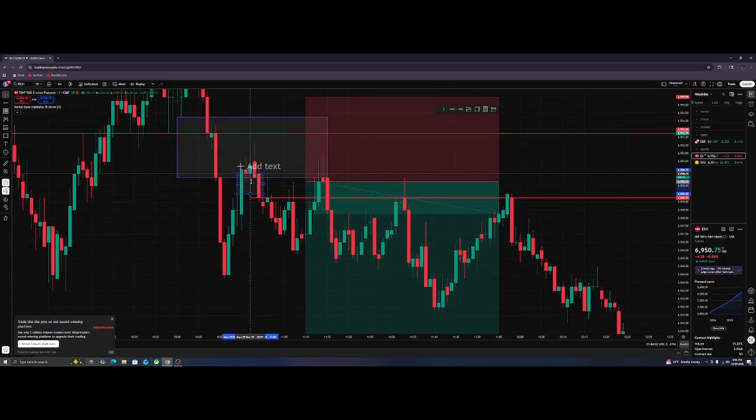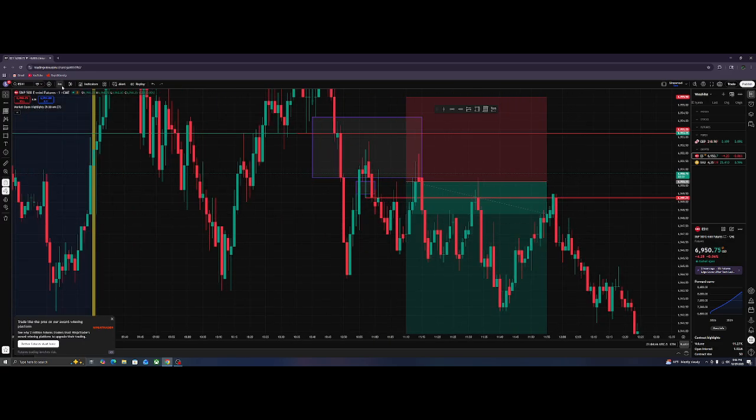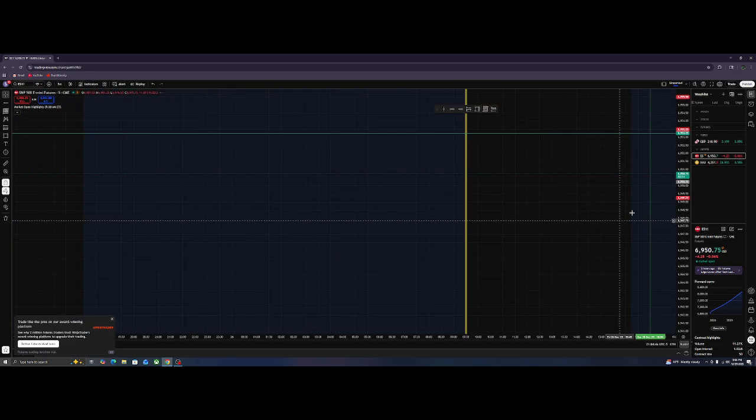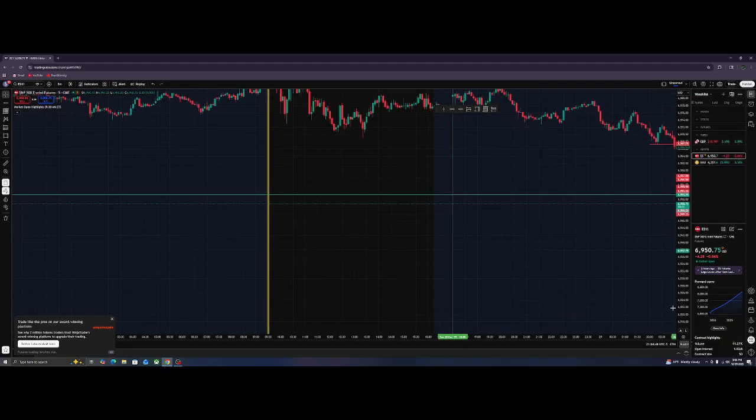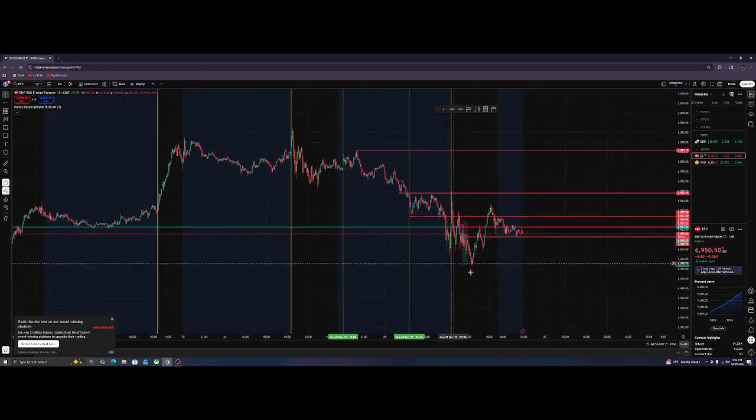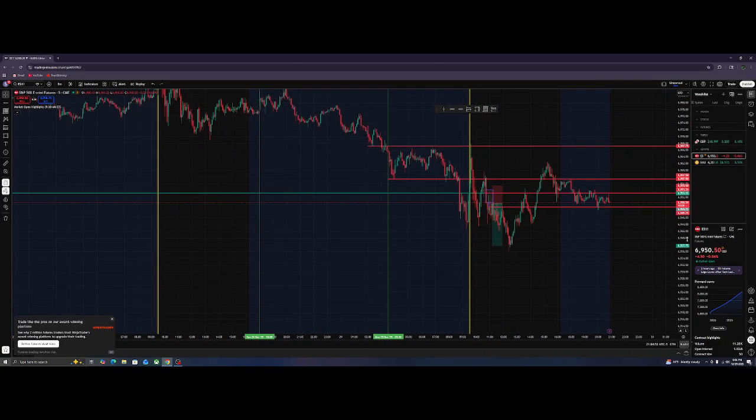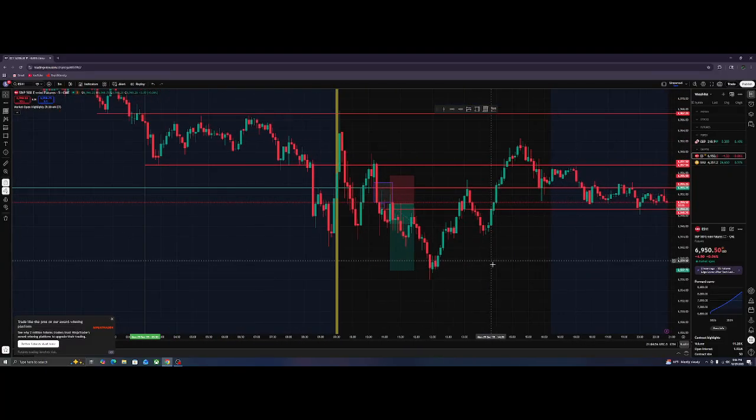This imbalance or whatever here is your inverse fair value gap, because this candle makes an inverse fair value gap. If you remember from the video yesterday, if the candle closes under or above it, that makes an inverse fair value gap. So your three key points are hit, and then you could have taken this trade for 1 to 2 RR.